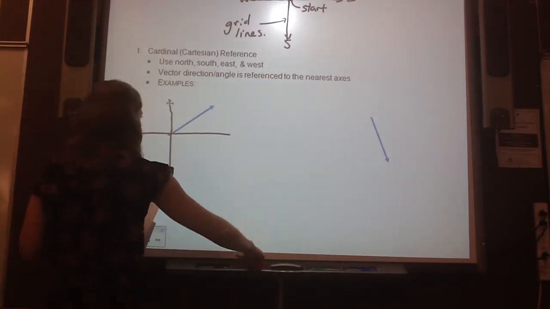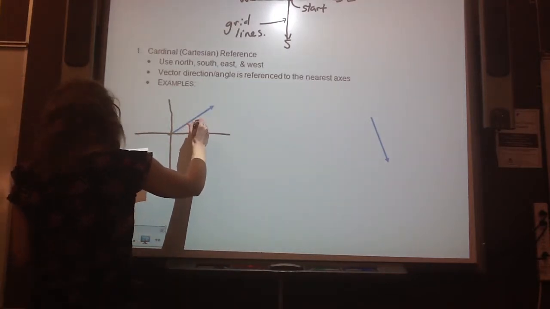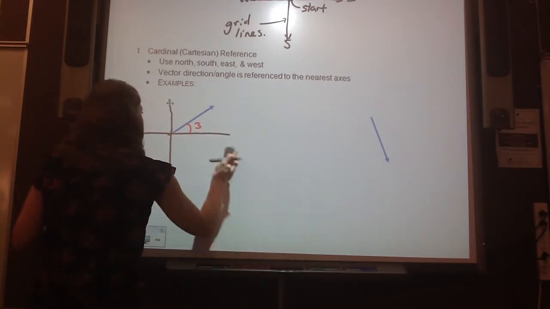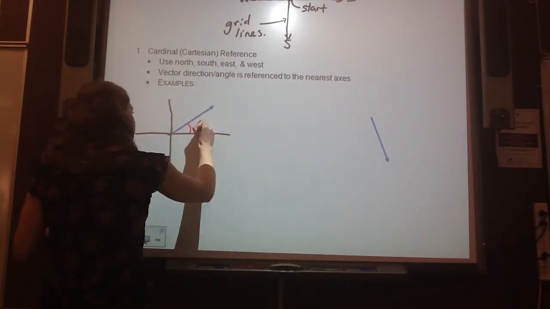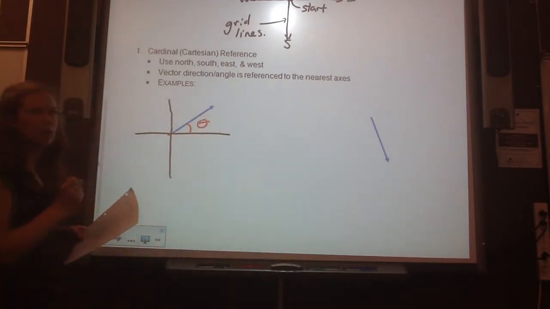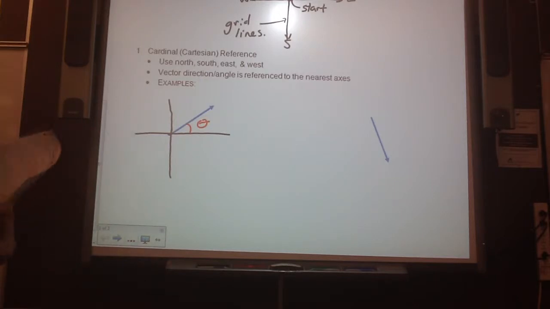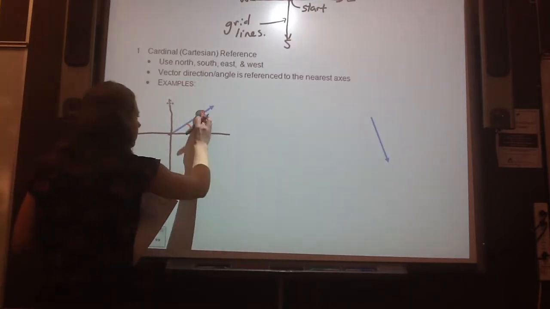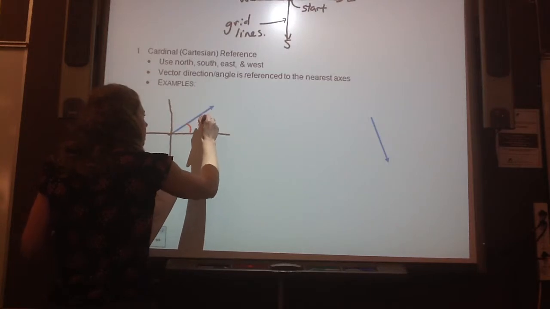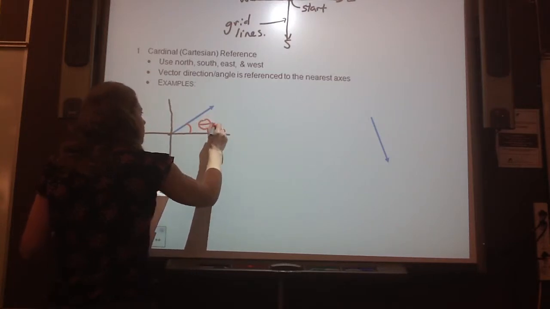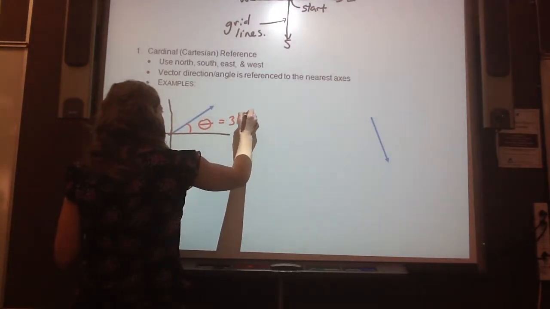Okay, now let's say we measured this angle is 30, I should put theta. So theta, have you guys seen this in math before? That symbol? So theta just meaning angle. It looks bad because my pen is off, but a circle with a line in the middle. So theta is equal to 36 degrees.